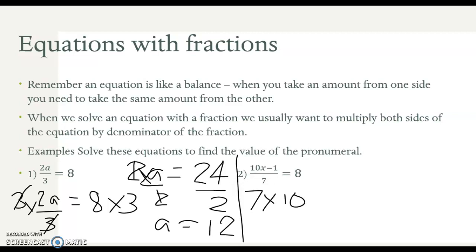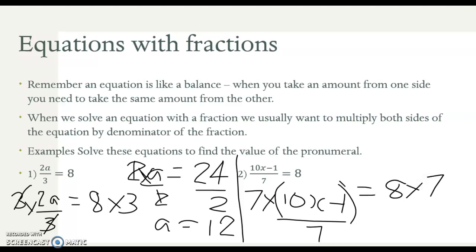Whatever you do to the left-hand side needs to be in brackets, and whatever you do to the left, of course, you have to do the same to the right. So my 7s cancel on the left-hand side. 7 divided by 7 is 1, and I get left with 10x minus 1 on the left, and that equals 8 times 7, which is 56, on the right-hand side.